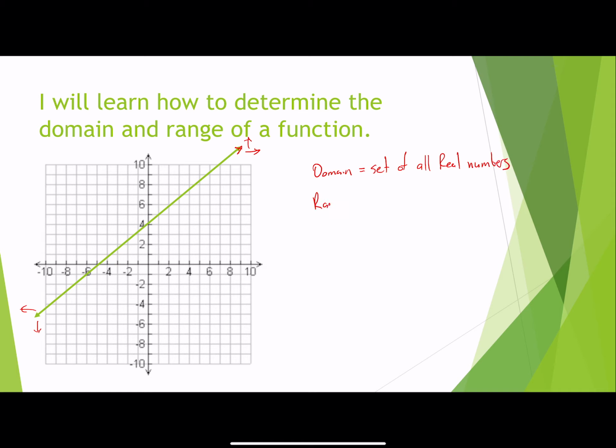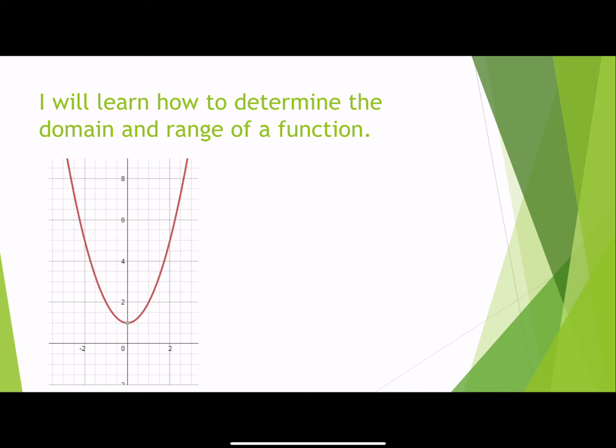And the range is equal to the same thing, the set of all real numbers. That's it. My range is over all numbers, and my domain is over all numbers.